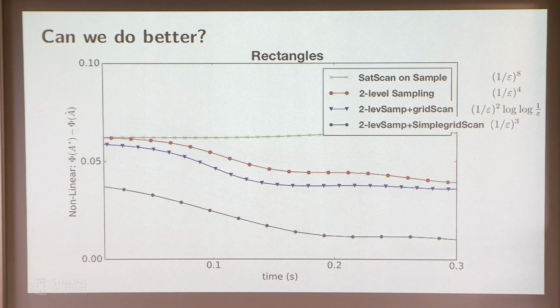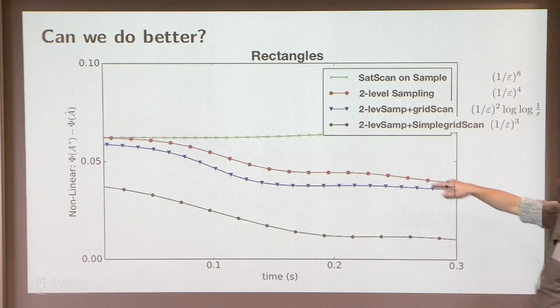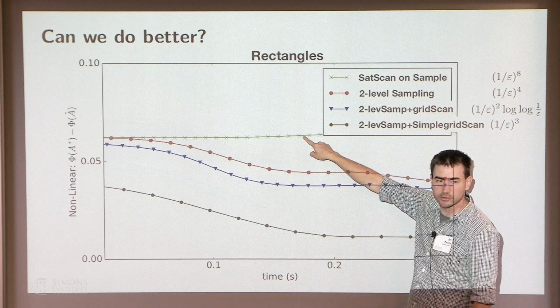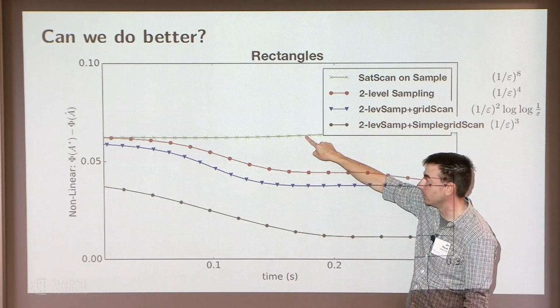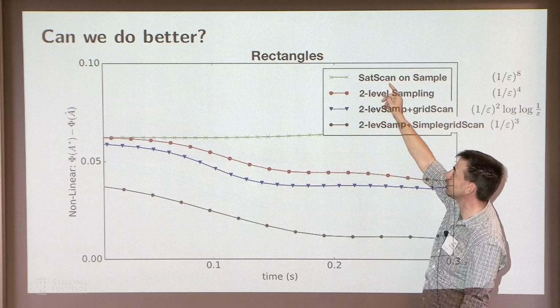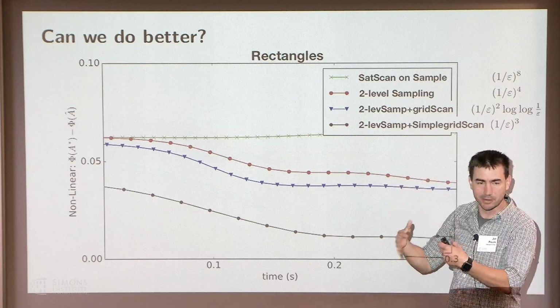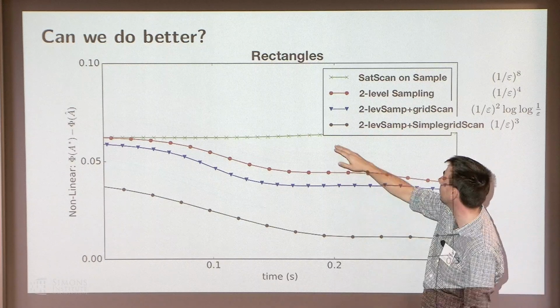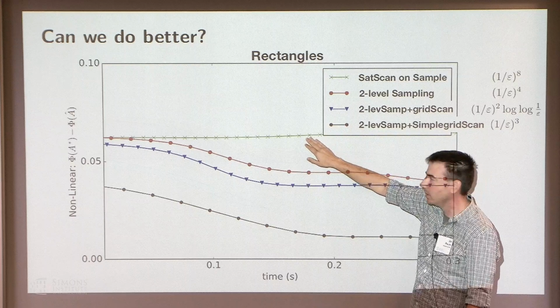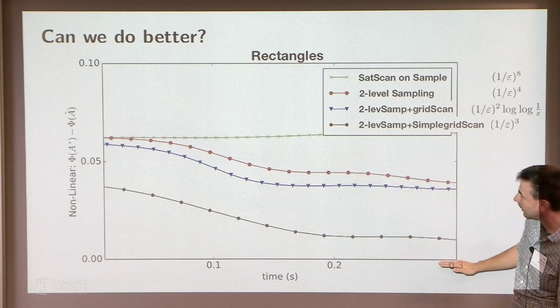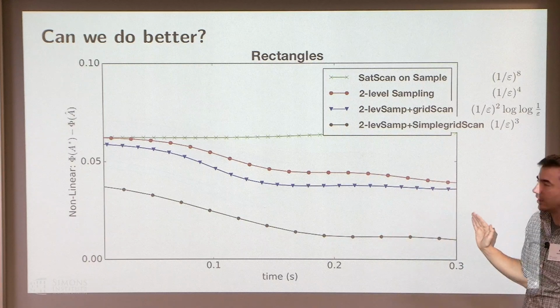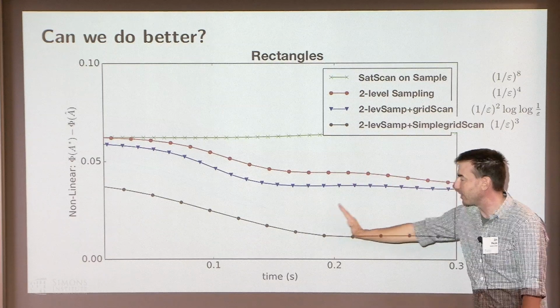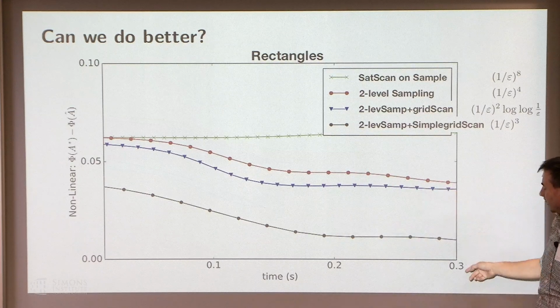Okay, so this is for the rectangles problem, scanning rectangles, and this green curve is just doing one sample and then running essentially a better implementation of the original StatScan algorithm. What I'm trying to do is get low error as my time is increasing. Even if I run for, I mean, this is only 0.3 seconds, it stays pretty flat.